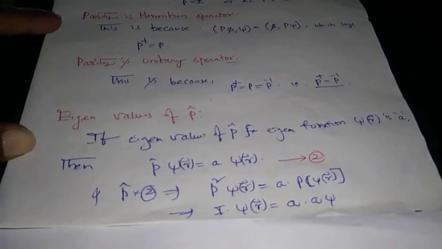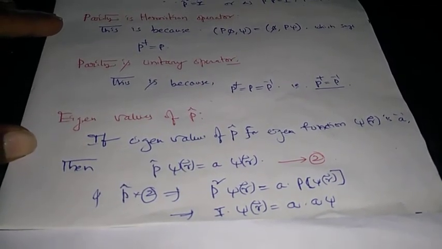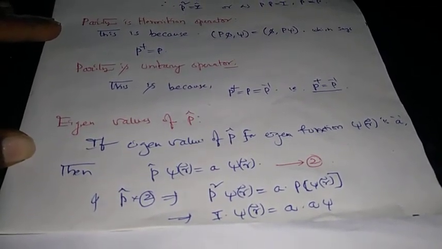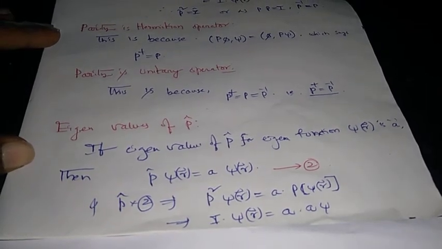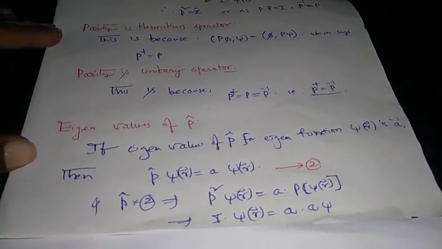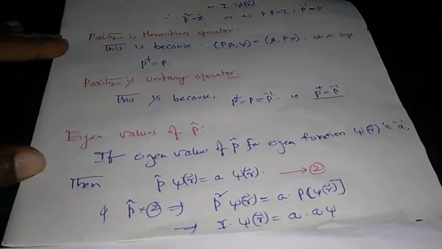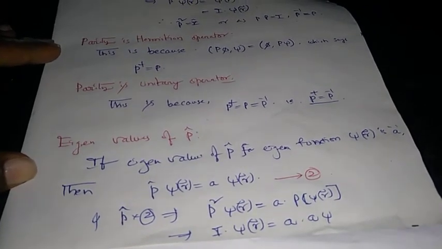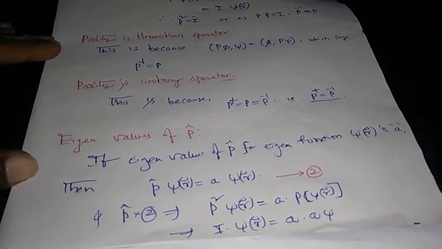And since P psi is equal to a psi again, on the right hand side we get a into a into psi, and on the left hand side P square is equal to I, so we get I into psi of r. Therefore we can write a square is equal to 1, or a is equal to plus or minus 1 as the eigenvalues of parity operator.